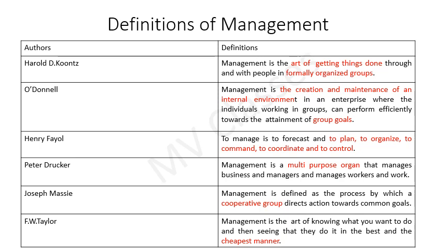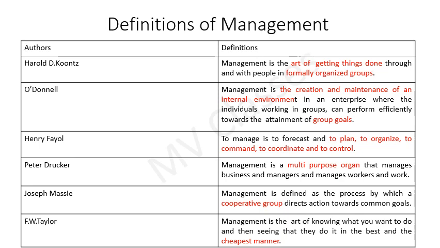So in an enterprise, individuals working in a group can perform efficiently towards the attainment of group goals. So he is also talking about group goals. Harold D. Koontz is also talking about formally organized groups and fulfilling the group goals.